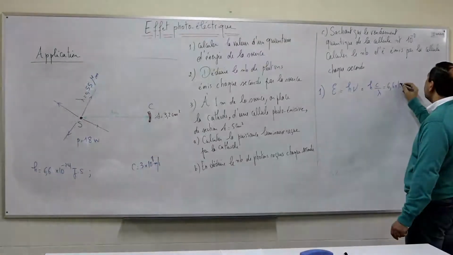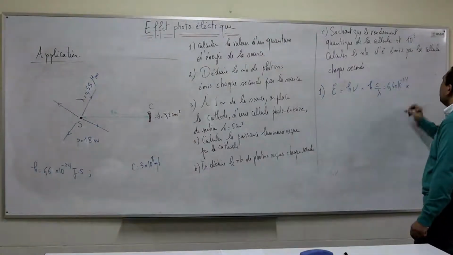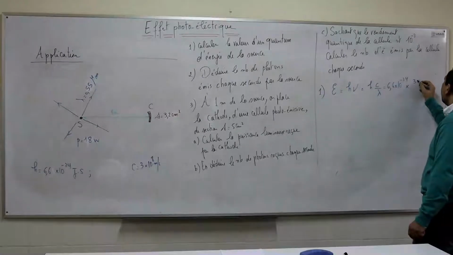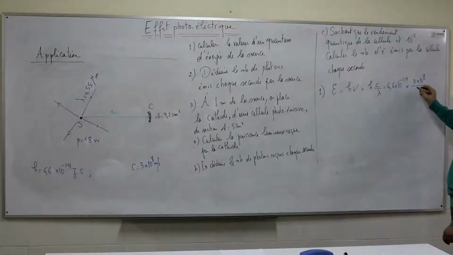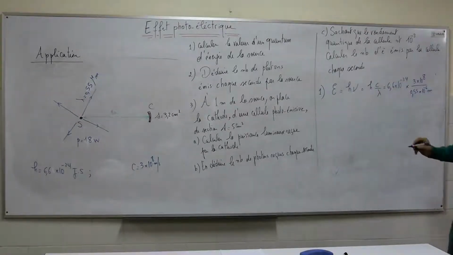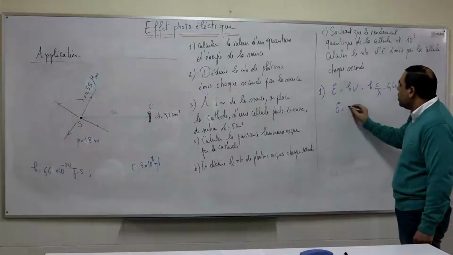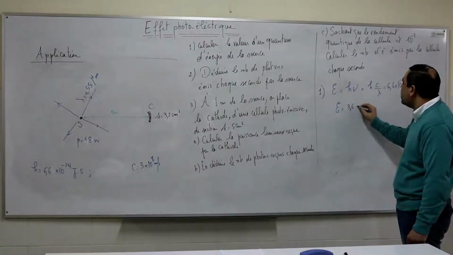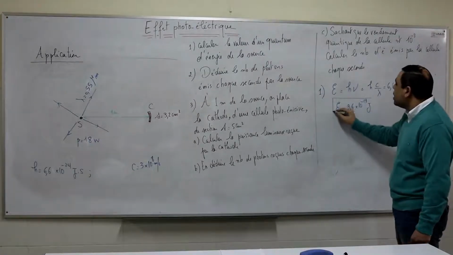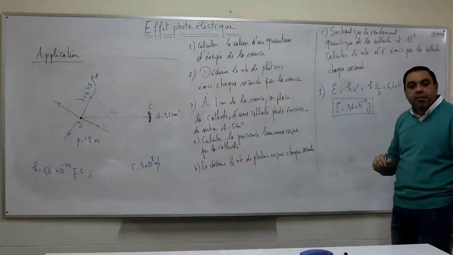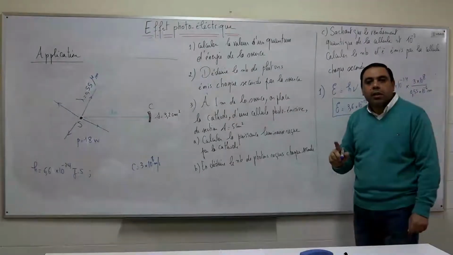Replacing the values, we get 6.6 times 10 exponent minus 34 times 3 times 10 exponent 8 divided by the wavelength, which is 0.55 times 10 exponent minus 6 to convert to meters. And the quantum of energy of this source is equal to 3.6 times 10 exponent minus 19 joules, which is also the energy of one photon of the source.